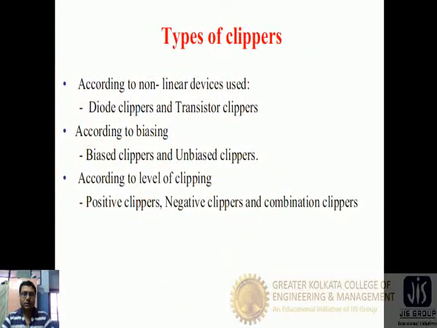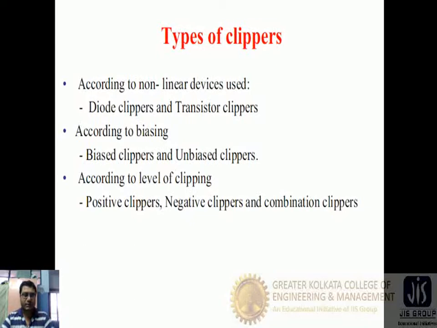Now we move to the different types of clipper circuit. Clipper circuits can be classified according to the non-linear devices used in the circuit: the diode clipper and the transistor clipper.